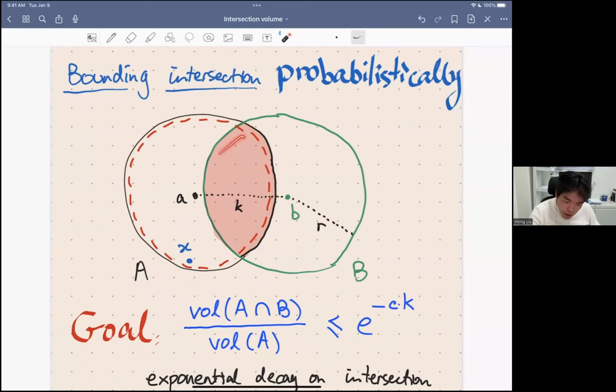And we want to look at this shaded intersection area. We want to show that this intersection volume versus the original volume decays something like this, exponentially in k, where k is the distance between the centers of these two balls.